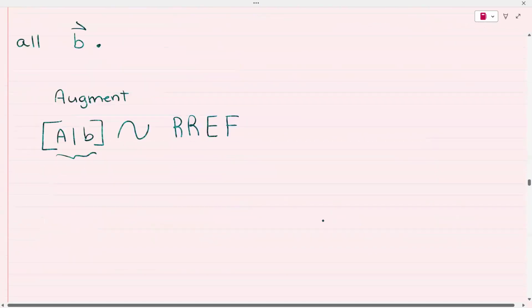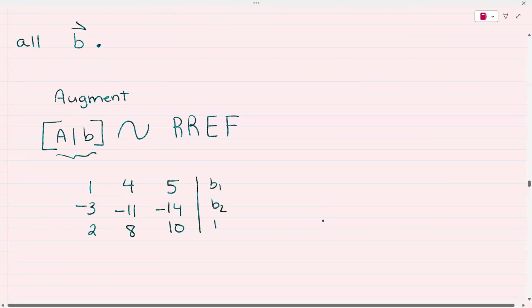So that would be expressed as 1, -3, 2, and then this would be B1, B2, B3. Okay, so we've got to put it in RREF.